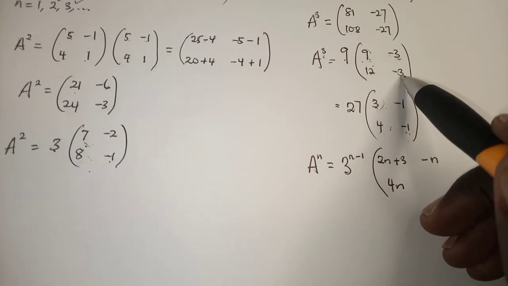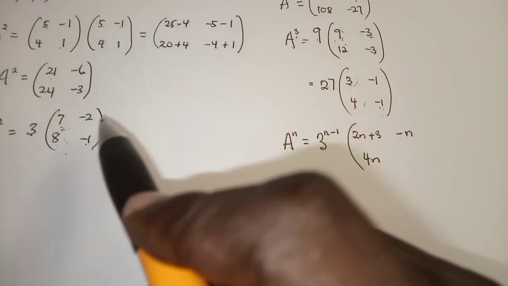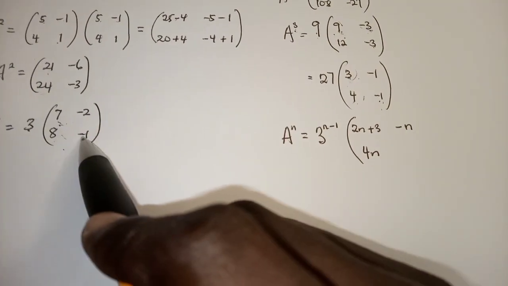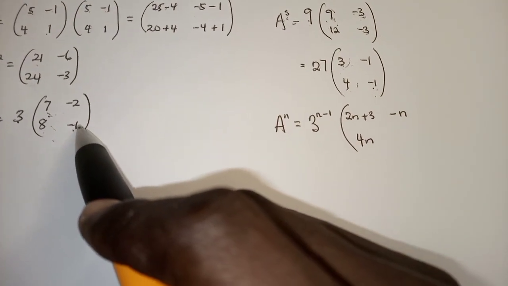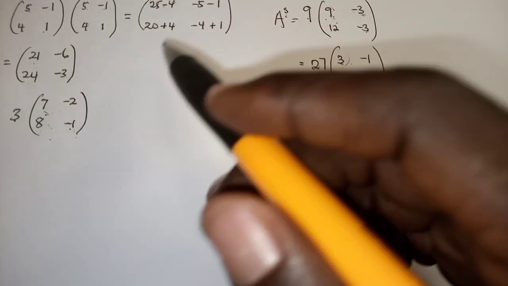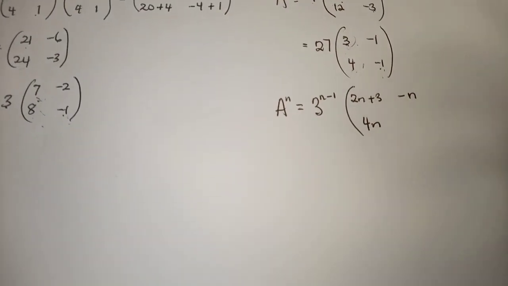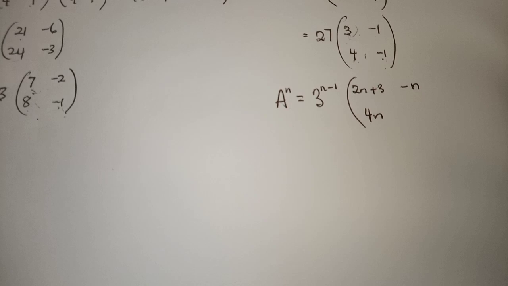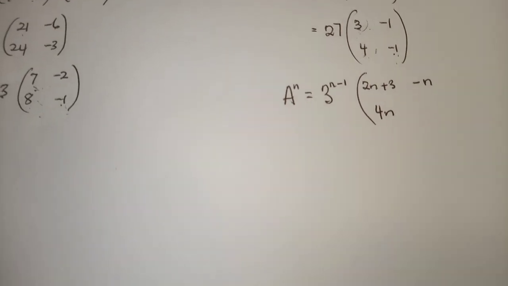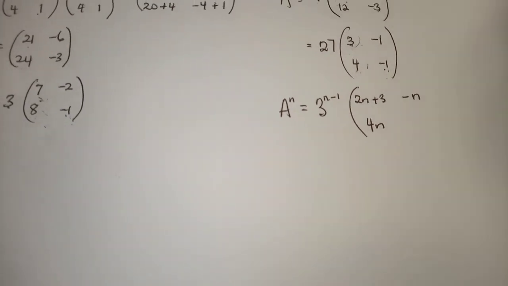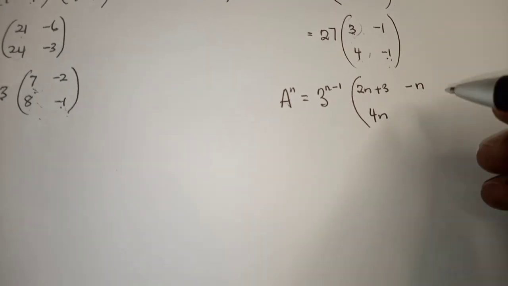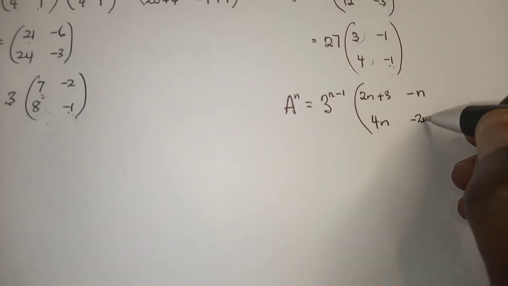Now when we come to this one, -3 minus -1, that will be -2. So it means it has a slope of -2. So we know that it will be -2n.